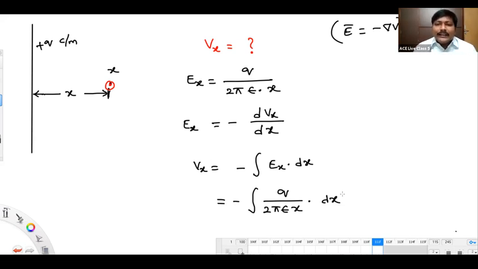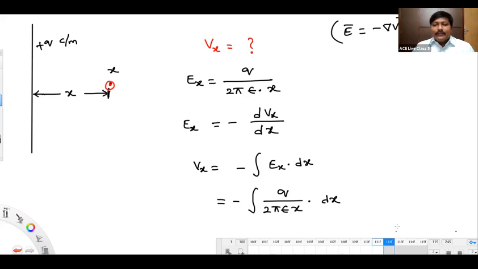You take that Q by 2 pi epsilon out. The integration of 1 by x is ln of x. That minus you have to send inside, so you can get ln of 1 by x.